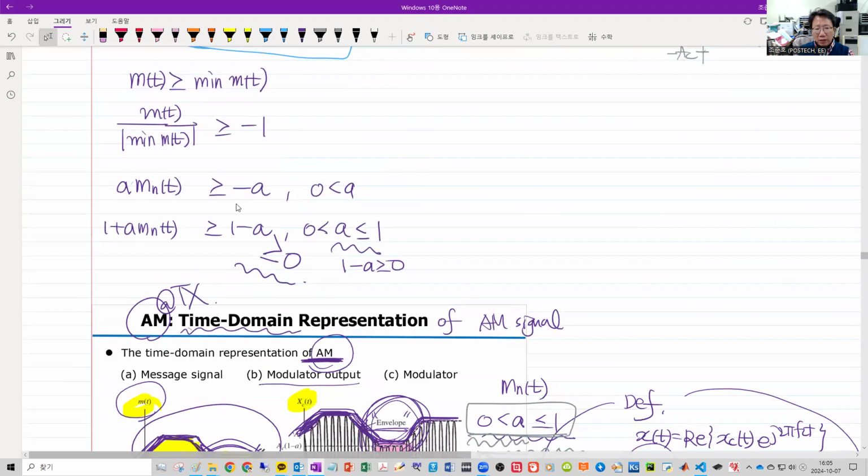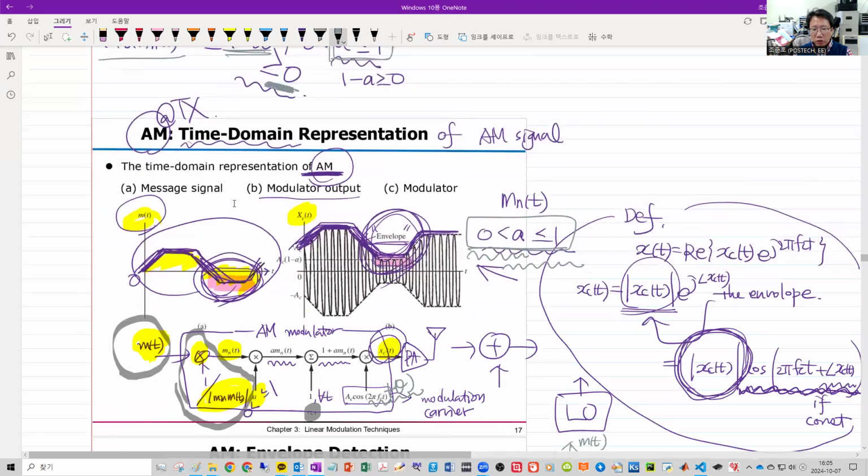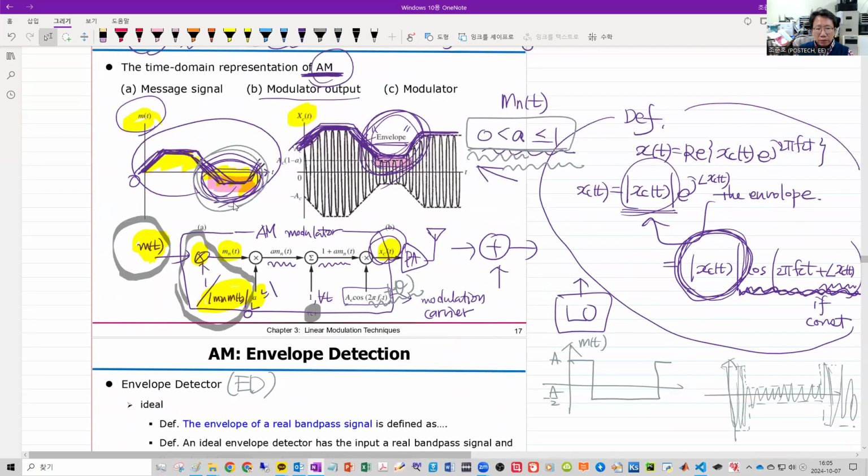That is answered here. So if A is close to 1 or 1, what happens? You may have this term, this value, 0. So actually, this part where you have the minimum value of the message may touch the time axis.